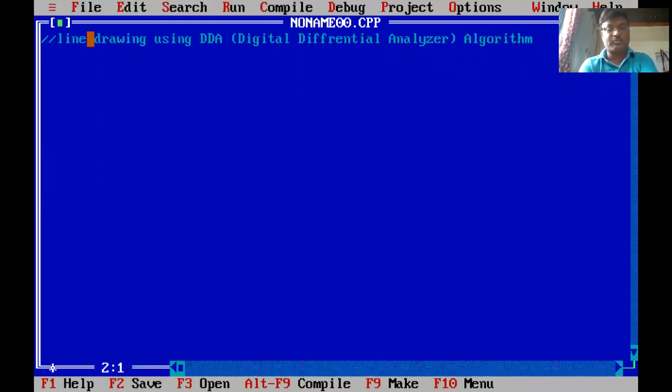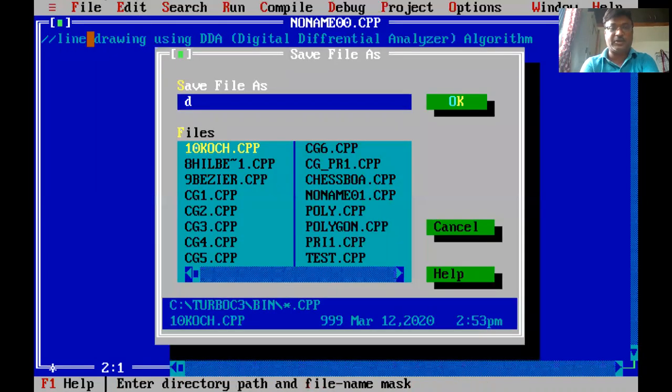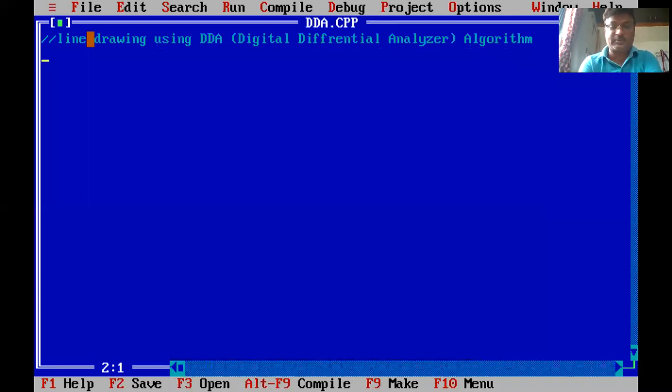Here you have to first save the file as DDA dot CPP. Okay, I'm going to save that as DDA dot CPP.